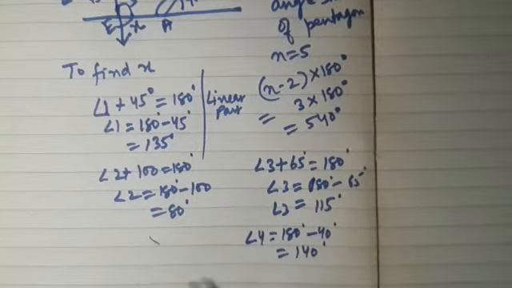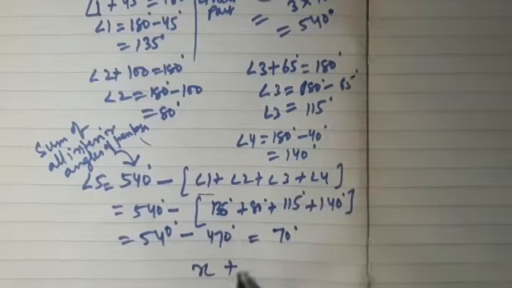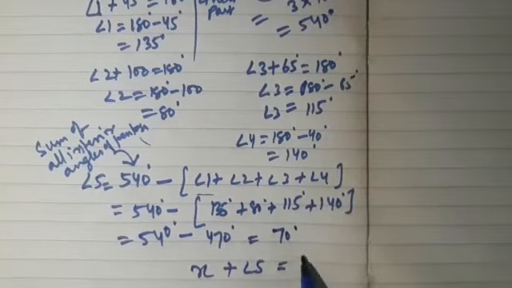So 540 minus 470, that is 70 degrees. So we have found angle 5 to be 70 degrees. So x plus angle 5 is 180 degrees. Again, it's a linear pair. So what is the value of x? x will be equal to 180 degrees minus angle 5, that is 180 minus 70. So the answer to our question is 110 degrees.